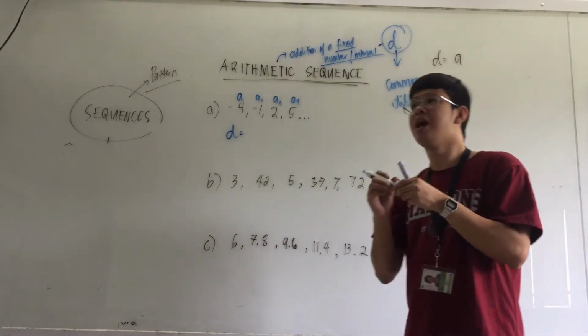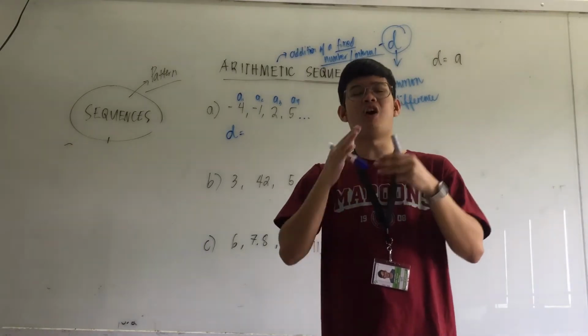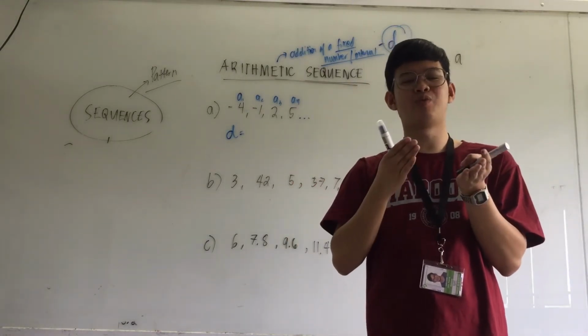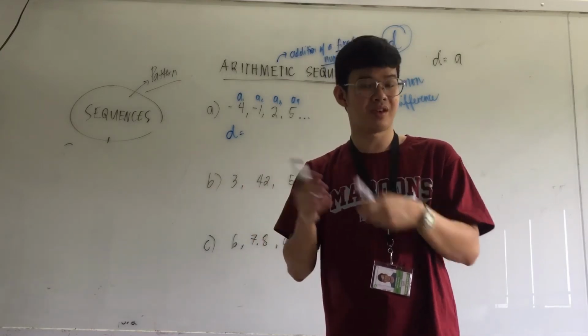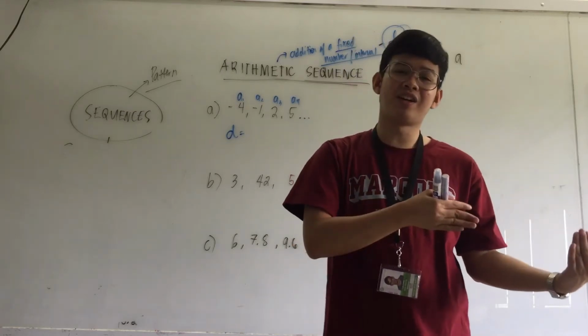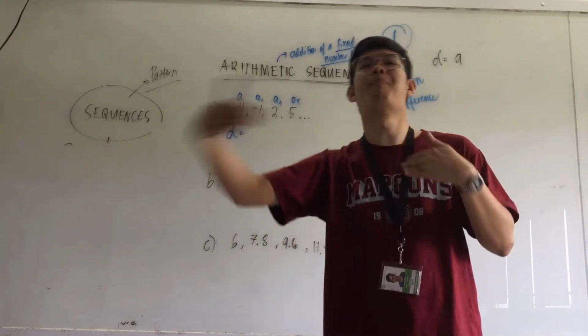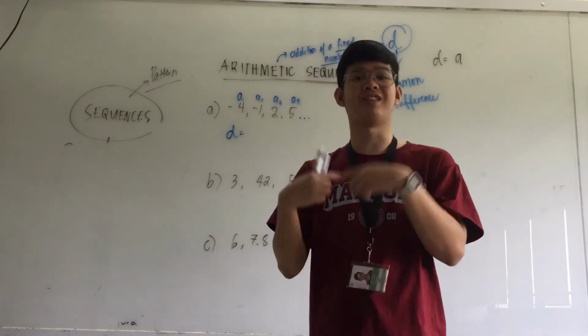Why is computing the D, or the common difference, important? Computing the common difference is very important because it will tell you that a particular sequence is indeed arithmetic. The common difference is the unique characteristic of that particular sequence that makes it apart from other types of sequences, which will be discussed later in this unit.